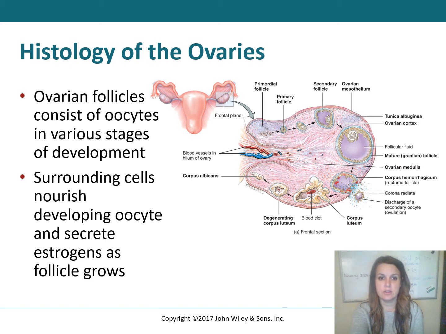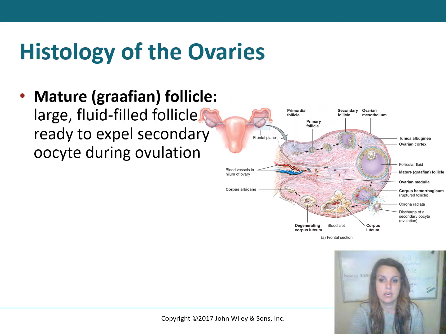So together, these are called ovarian follicles, which are the oocyte in the middle with cells that surround it that help it to grow. A mature follicle is also called a Graafian follicle, and it's going to be large and fluid-filled. And the idea here is that it will eventually, during ovulation, expel the secondary oocyte that's contained inside.